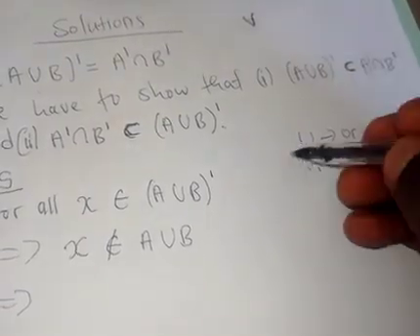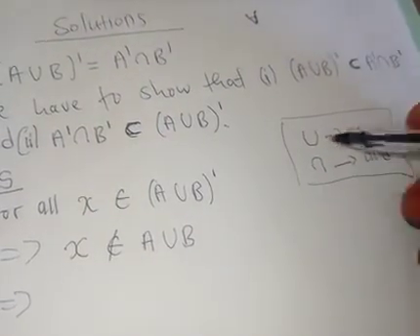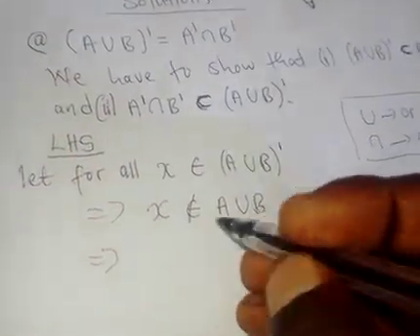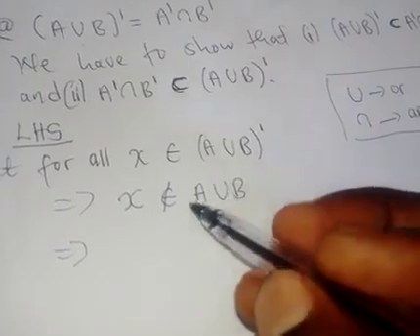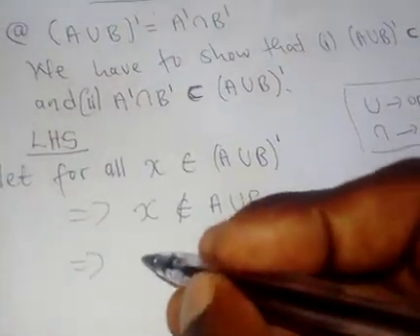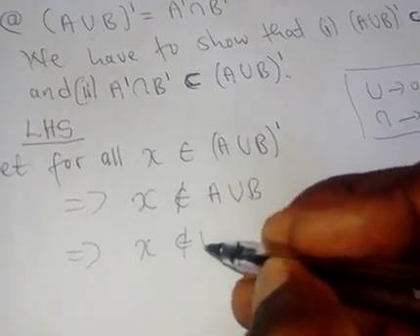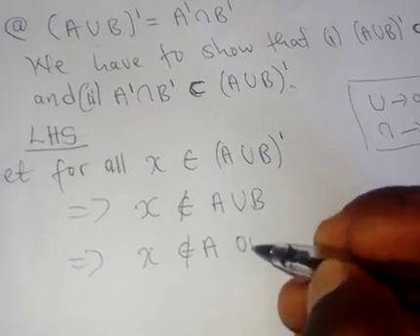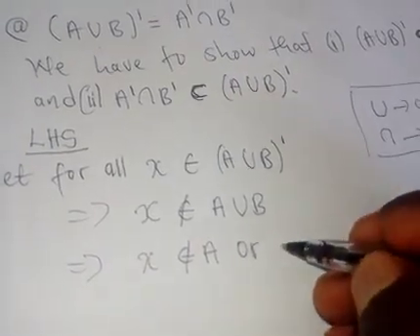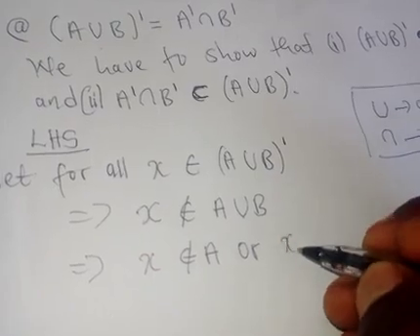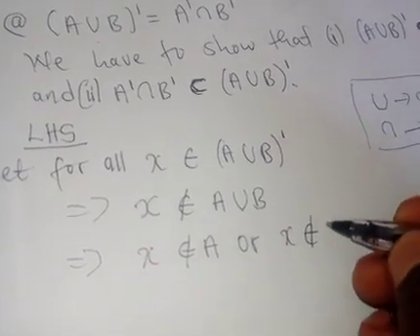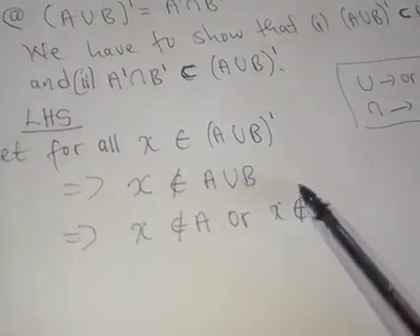This is the standard way. Since we have a union set, to separate them we use or: x is not a member of A, or x is not a member of B. So you separate them.